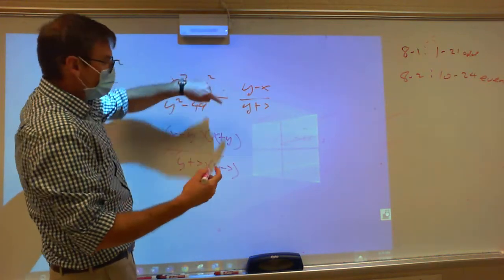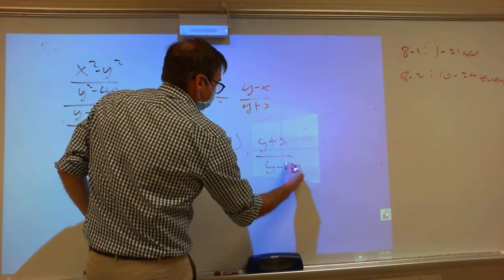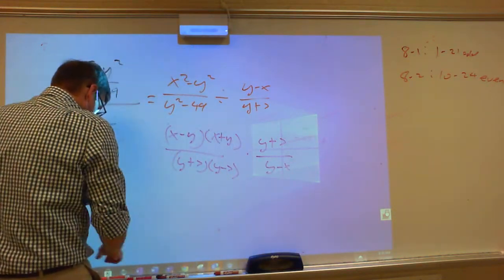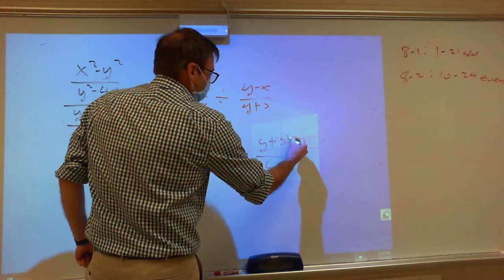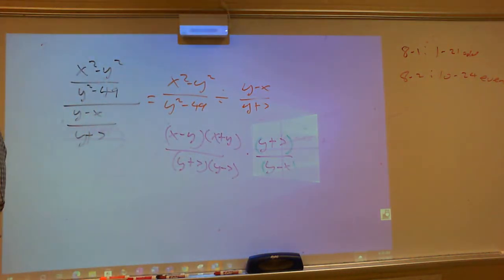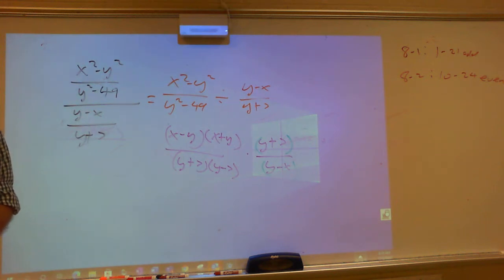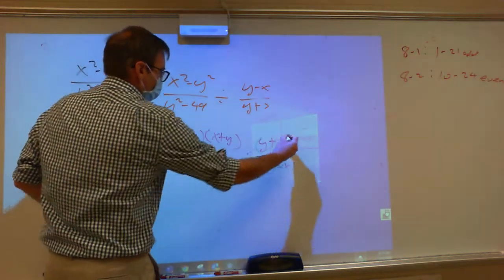When I multiply by the reciprocal, this is going to give me y plus 7 over y minus x. And now that I have everything factored, you look at it and you ask, well, what can you cancel? Oh, y plus 7, those cancel.